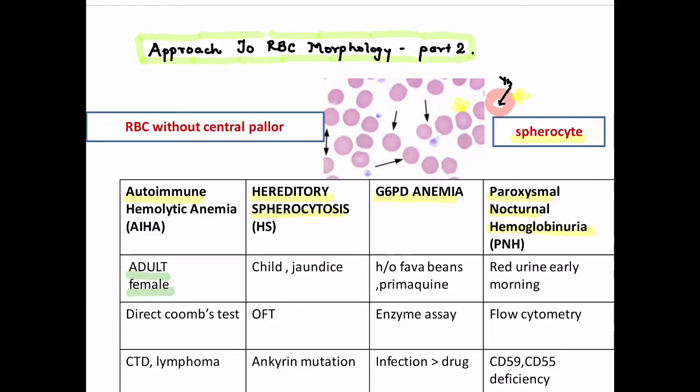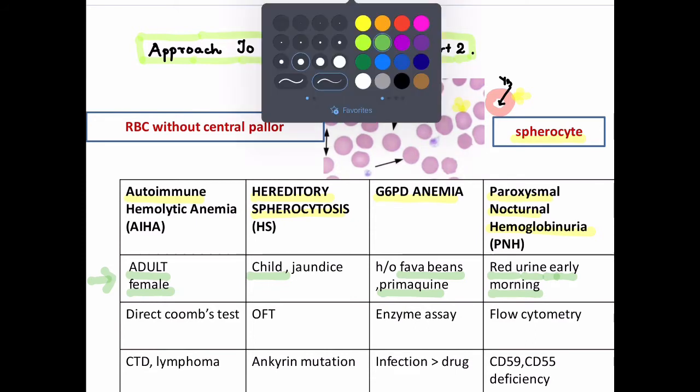If the examiner is discussing a child, then think of hereditary spherocytosis. If there is a history of drug intake or fava bean intake, think of G6PD anemia. And if the patient is saying that he has passed red colored urine early in the morning, then go in favor of paroxysmal nocturnal hemoglobinuria. So four diagnoses and four key factors.